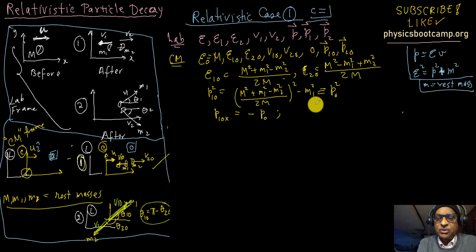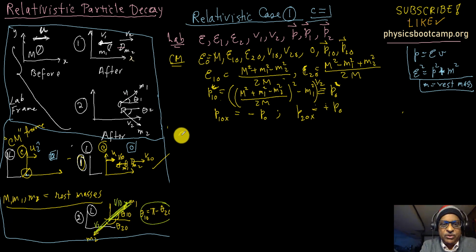Take a positive square root. And so P0 will be half, like that. And P20x, based on this diagram, is going to be plus P0. Okay, so we're just looking at one dimension.